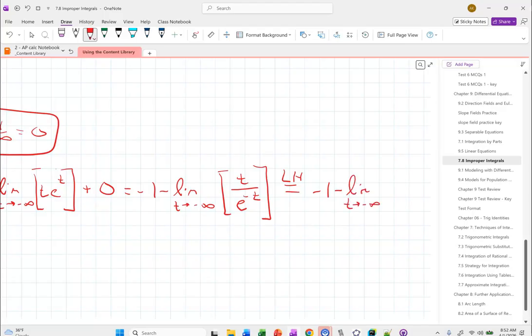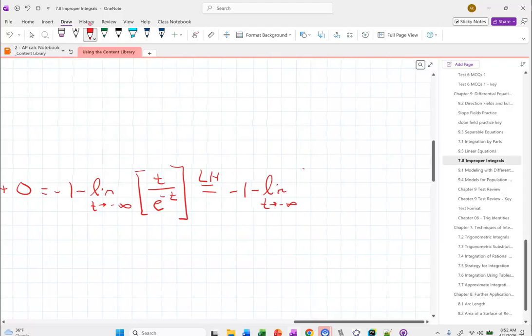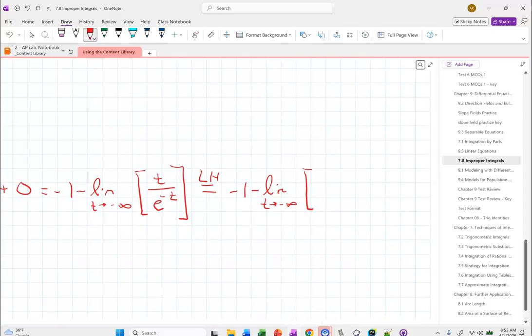What does L'Hopital's rule say? If I have an indeterminate form that is written as a fraction, either 0 over 0 or infinity over infinity, then the limit of that indeterminate form is going to be the same as the limit of the derivative of the top over the derivative of the bottom.